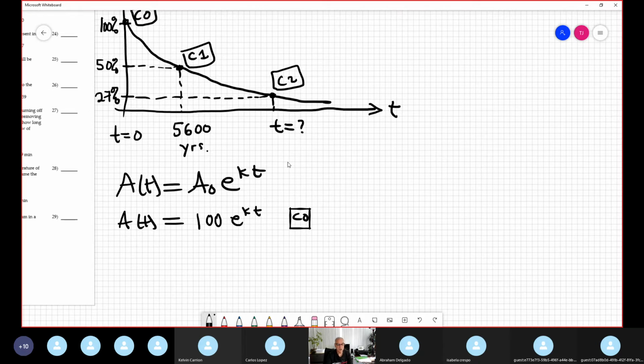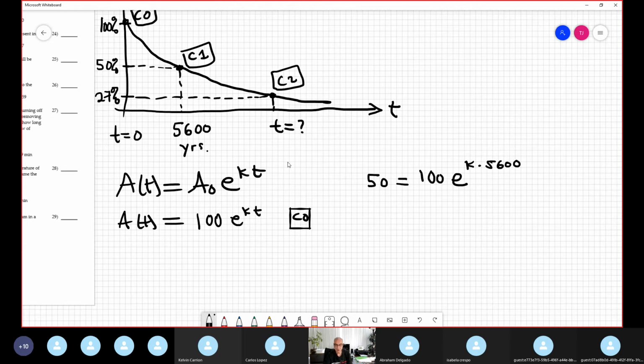Okay, in the condition 1, we have 50. That's the amount of substance. 100 e to the k multiplication by 5600 years gets our half-life of this chemical element, que es carbon 14.